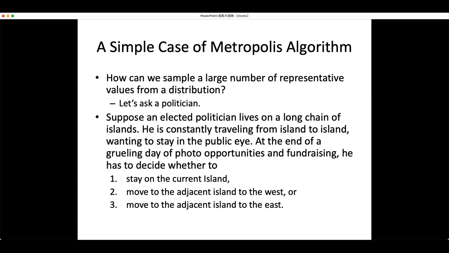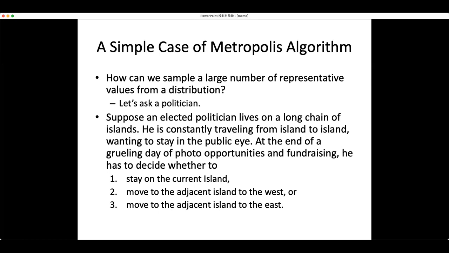Anyway, this politician has to decide a few things at the end of the grueling day. First, stay on the current island. Obviously, this politician must be on one of the islands at this moment, so he needs to decide whether or not to stay here.